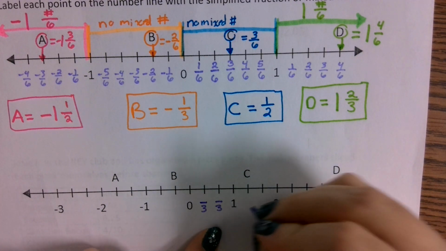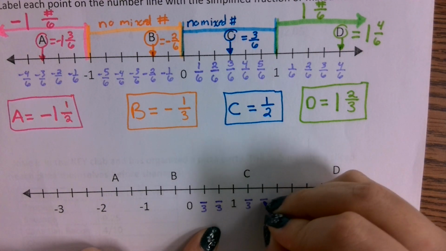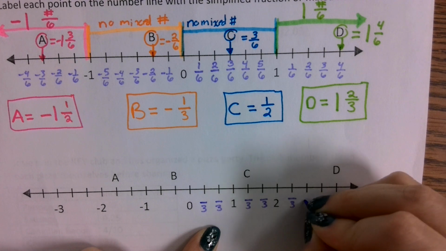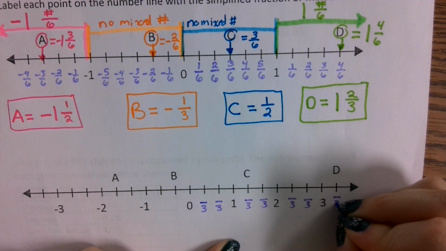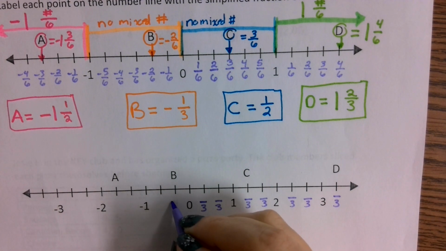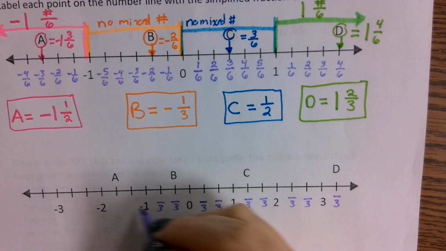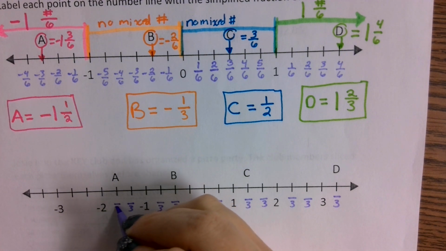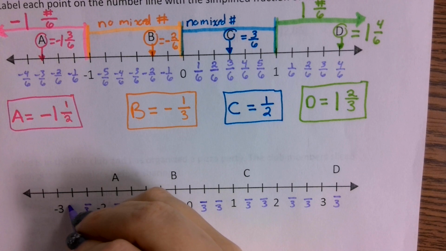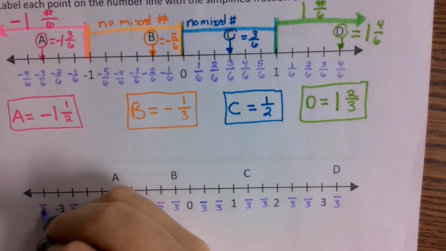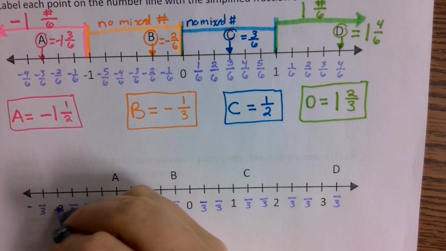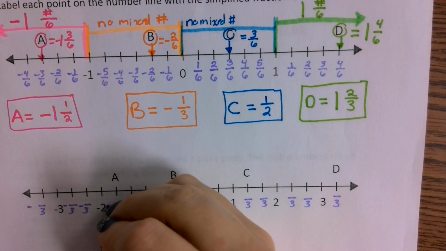So we have a 3. Over here, it's going to have denominators of 3. Over here, denominators of 3. Over here, denominator of 3. Even going backwards, they're all going to have denominators of 3s. It's just a matter of some of them are going to now be negatives. Okay? So negative, negative, negative.